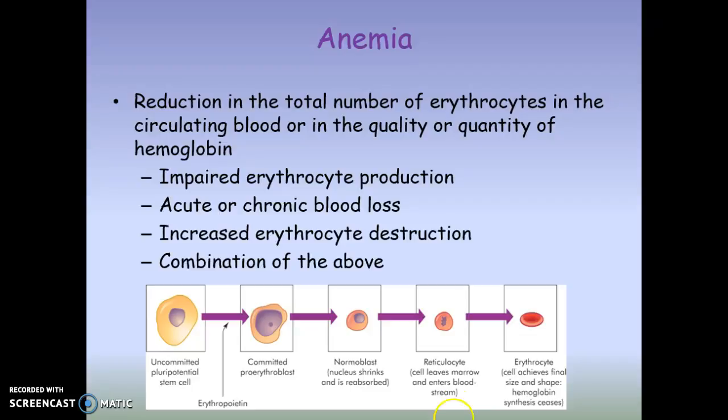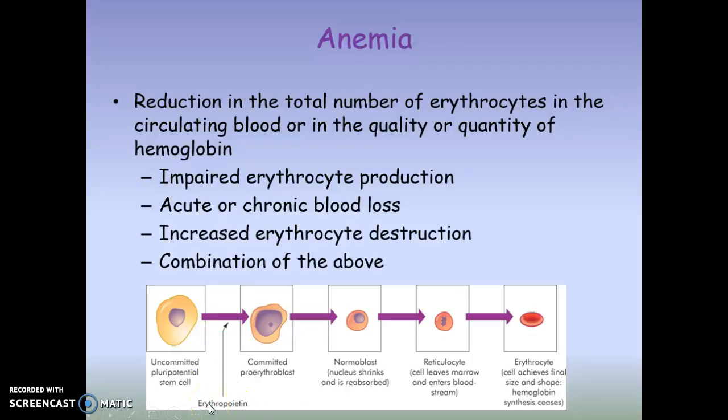In terms of having a reduction in the total number of erythrocytes, how that happens could be through impaired erythrocyte production. Here is a diagram of that process, with the different phases of erythrocyte development. Here you have the uncommitted stem cell. Add erythropoietin to that.